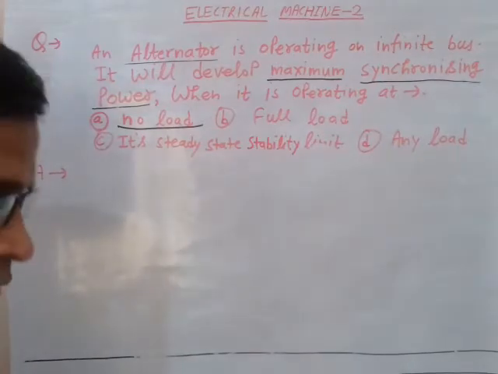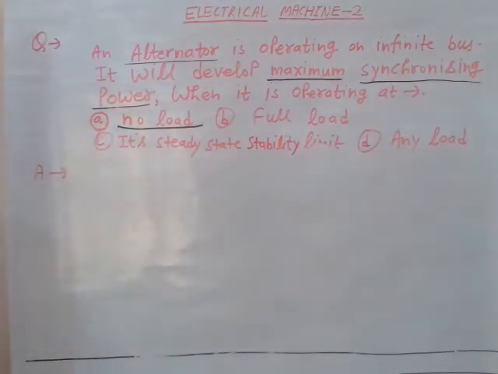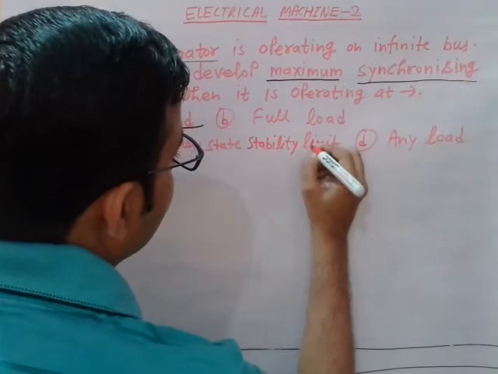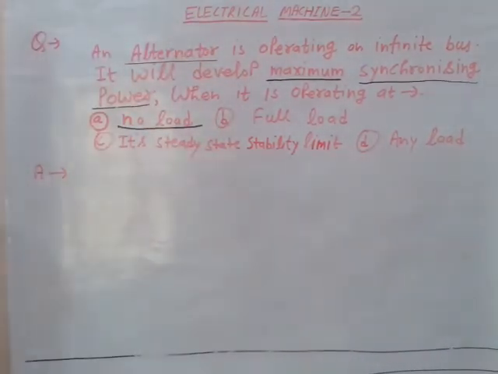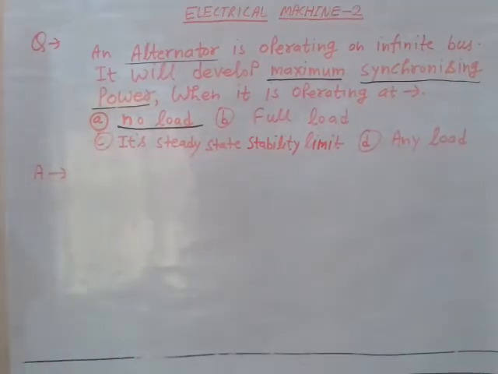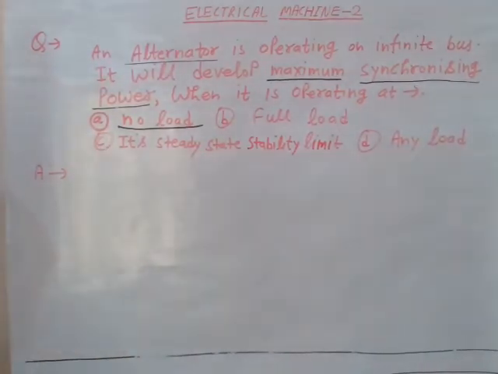Out of these four options, only one option is correct, and you have to find out that correct option and choose it. So see here how to solve this question.